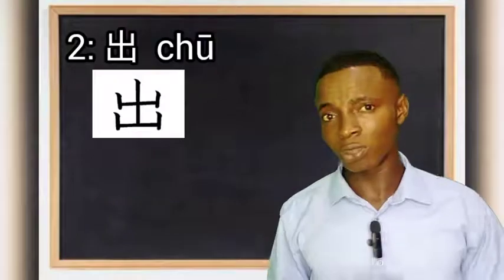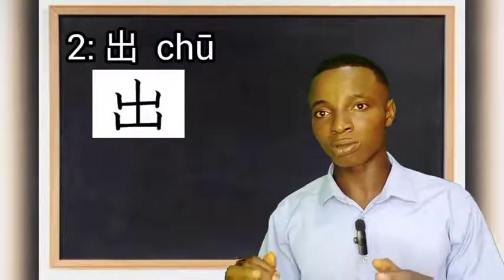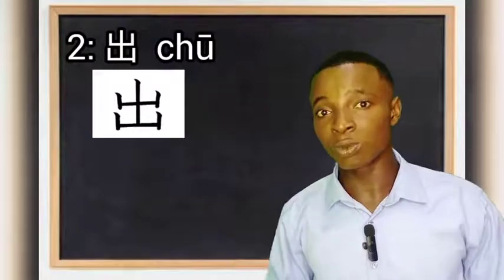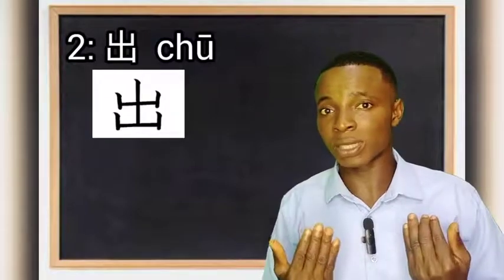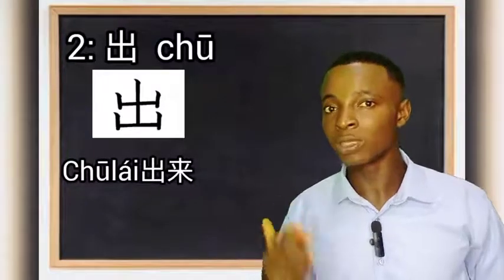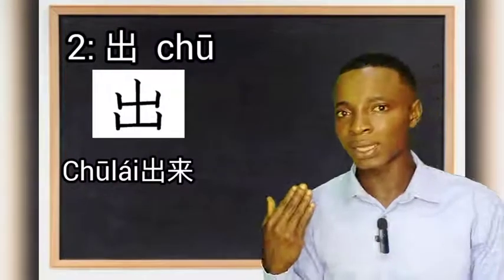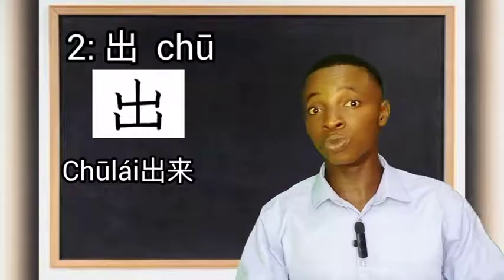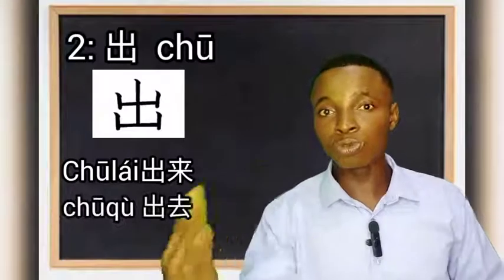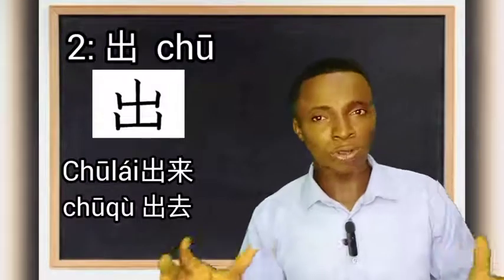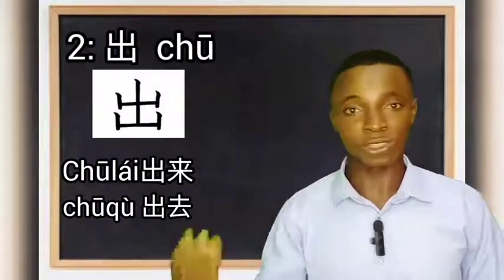It always works with some characters to be meaningful. For example, the Chinese word to come out is 出来. Can you see it? Then the Chinese word to go out is 出去. Don't worry, we're also going to discuss most of these words in future lessons.